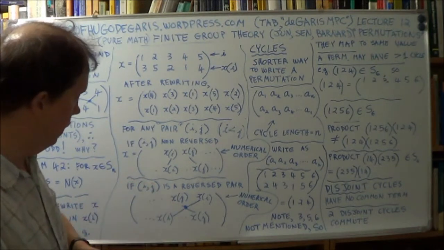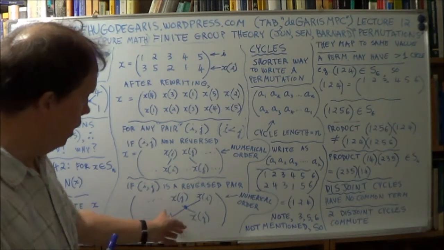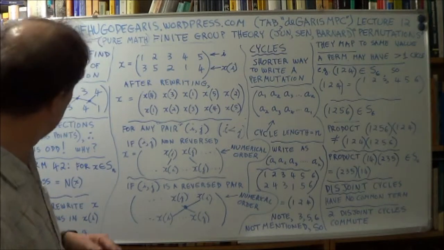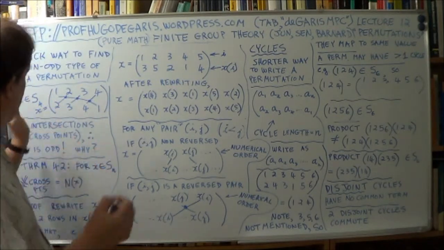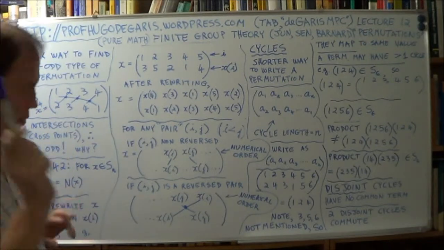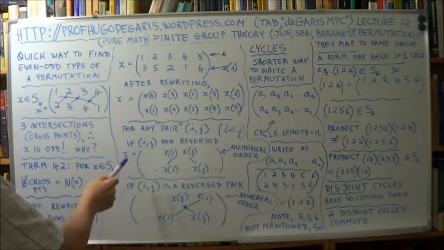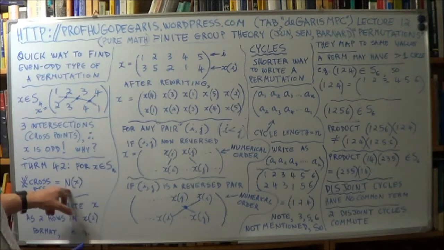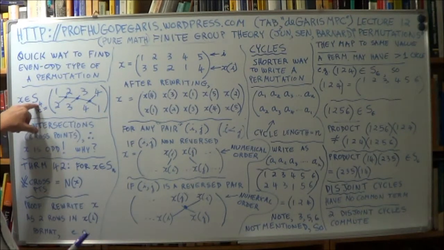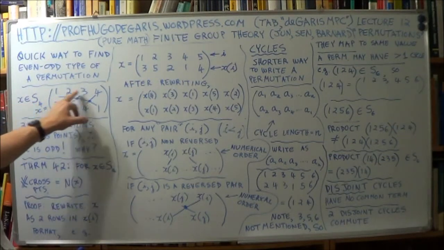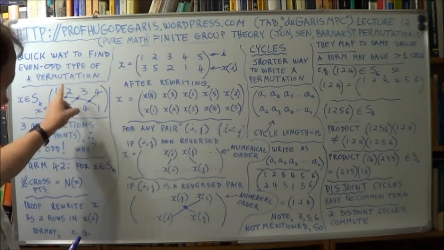If you have n, you'll have n lines. Oh, be careful. I'm not talking about this n. I'm talking about the size of your symmetric group. So in this case, it's 4, so you have 4 lines.